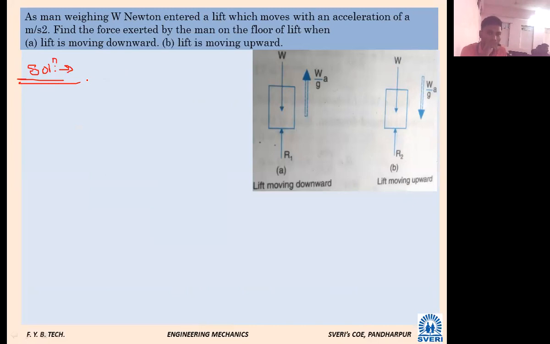Find the force exerted by the man on the floor of the lift when the lift is moving downward, and when the lift is moving upward. So whatever is given, first we will write. Weight of man is given. There is no number given, the weight of the man is not given as a number. We can write W_M, weight of man, directly.